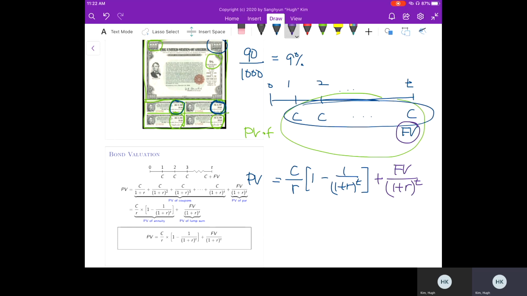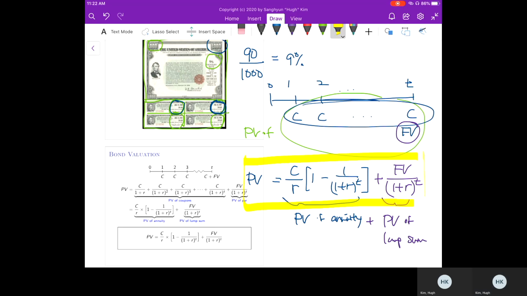Again, there are two parts: the present value of an annuity, which is the coupons, plus the present value of a lump sum payment at the end. This is a bond price formula that I want you to remember.